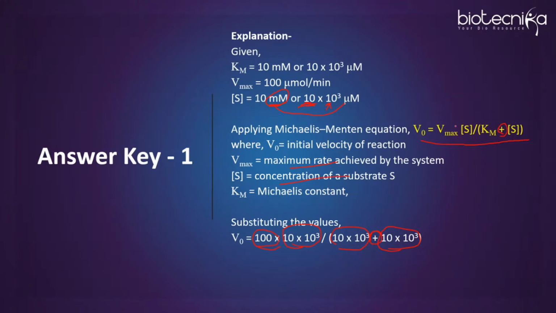You have to be very careful of this, and there is a multiplication in the numerator. If you do it correctly, it will be 100 into 10 to the power 4, and here you have 2 into 10 to the power 4, because 10 plus 10 will be 20, and I have reduced 20 to 2 into 10 to the power 4. So 10 to the power 4 gets cancelled. 100 by 2 is 50 micromolar. Calculations are also simple.